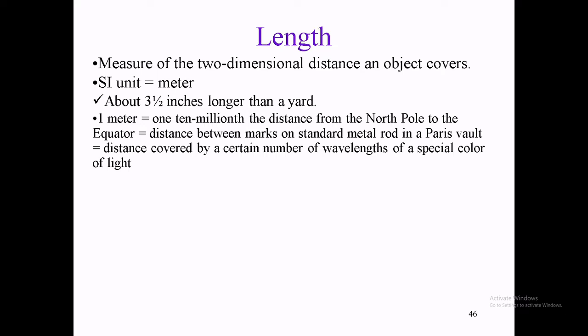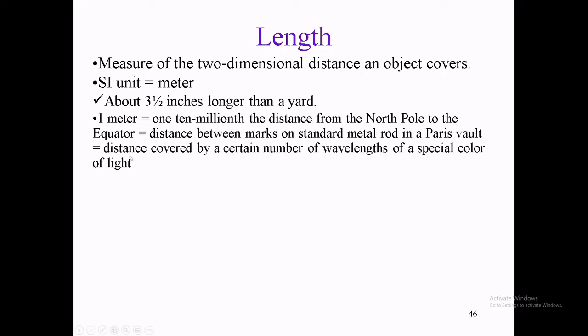Okay, so we started off with this idea. This is a really historical thing. We started off by saying, oh, well, it's such a distance between the North Pole and the equator, but then we realized the Earth isn't exactly a sphere, and it's actually changing its shape a little bit, so that's not going to work. Then we went to making a metal rod that was the distance of a meter. And then we found out that that metal rod was actually changing in size and shape over time, so we couldn't really use that.